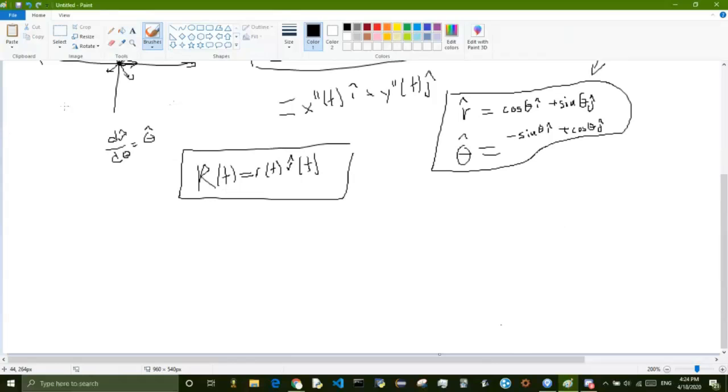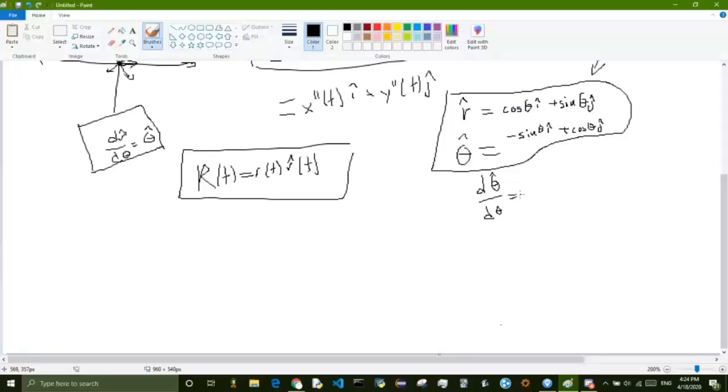Okay, well, we have this fact in mind. We can also numerically take the derivative of theta hat with respect to theta. The derivative of negative sine of theta is negative cosine theta. The derivative of cosine theta is negative sine theta. So we know the derivative just by doing it numerically, no geometric reasoning.